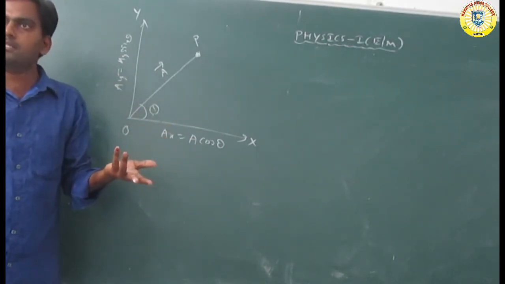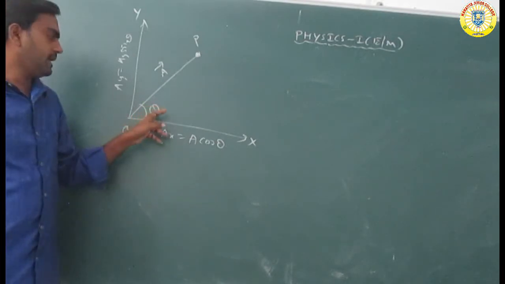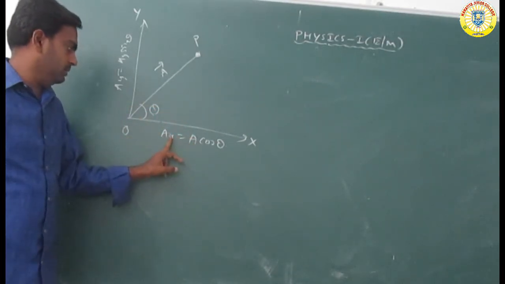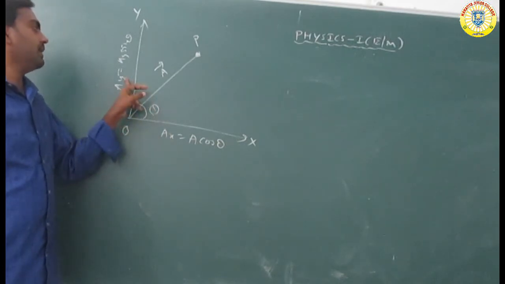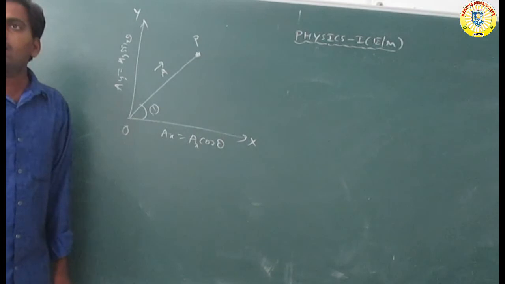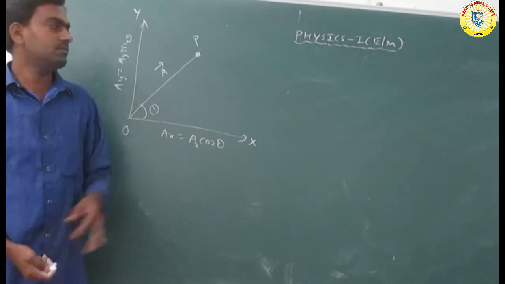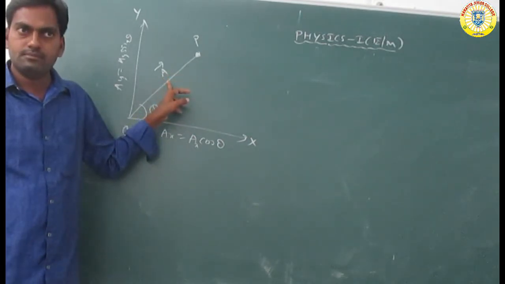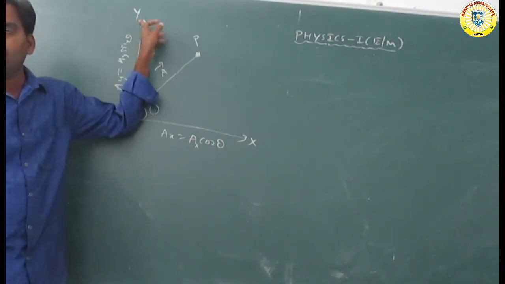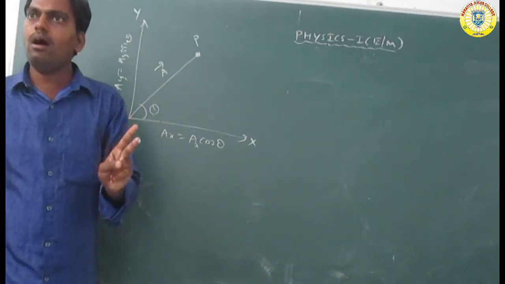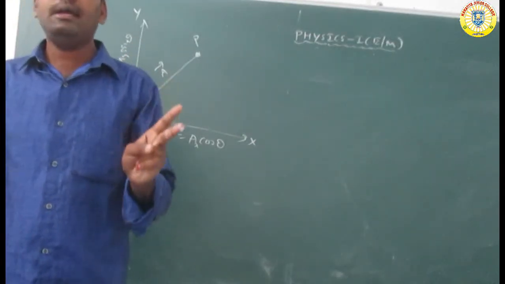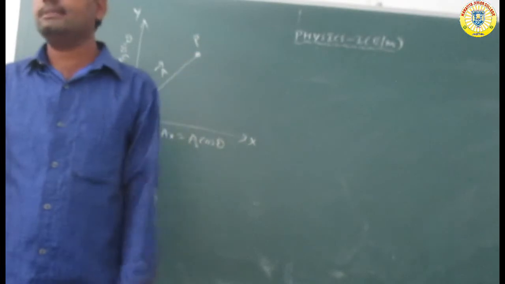Ax and Ay are two components of the vector A along the x-axis and y-axis.